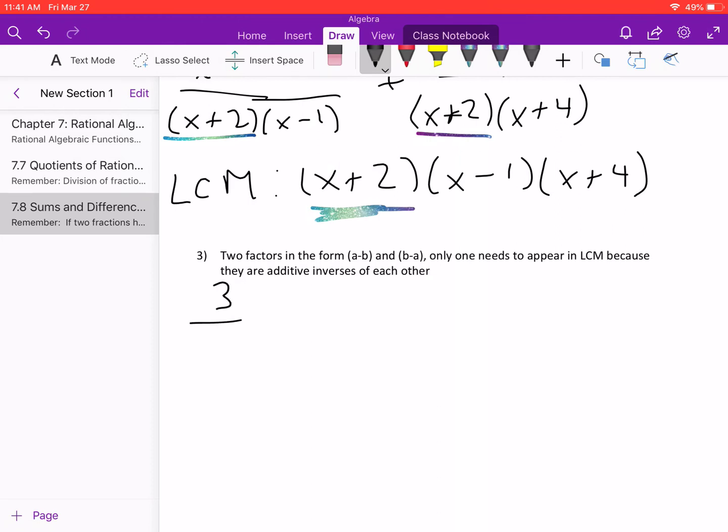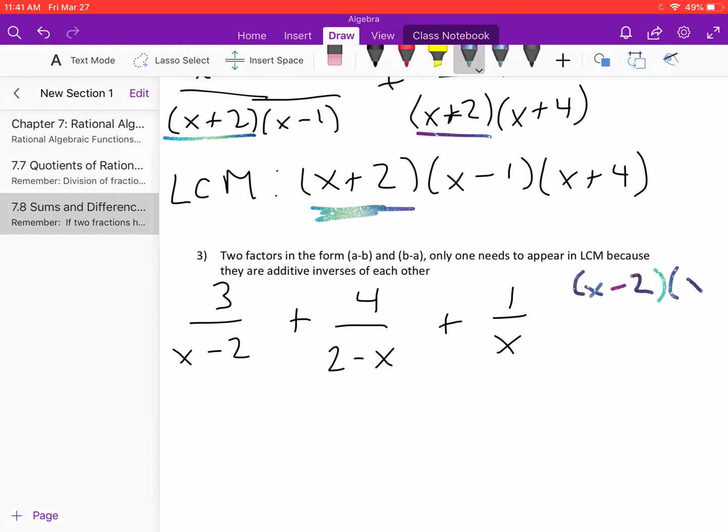For example, if I have the problem 3 over (x minus 2) plus 4 over (2 minus x) plus 1 over x, my least common multiple is going to be (x minus 2) times x. It is not going to be (x minus 2) times (2 minus x) times x because they are additive inverses.